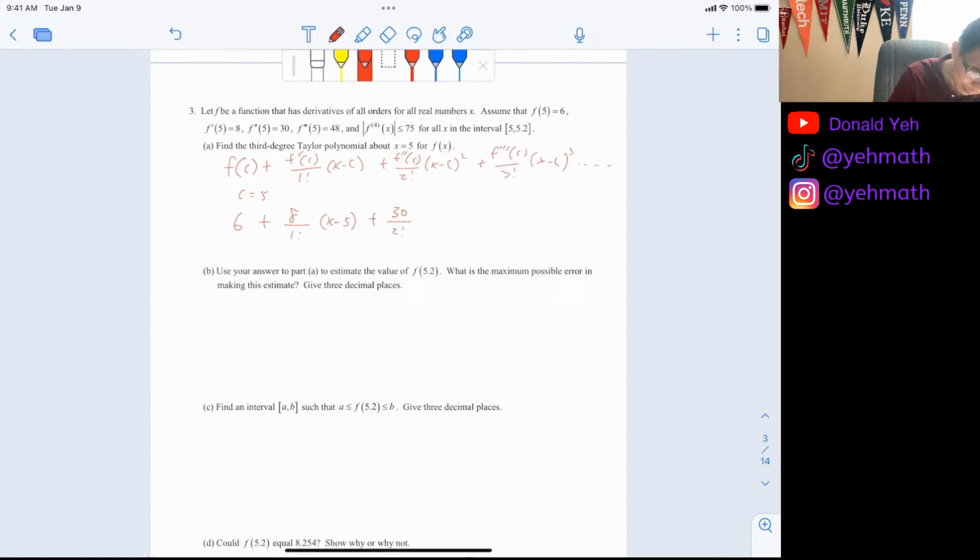You don't want to simplify, because you might simplify it wrong. So it'd be x minus 5 to the second, plus f triple prime, which is 48 over 3 factorial times x minus c to the third. Do I stop here? Yes, because they say third degree.